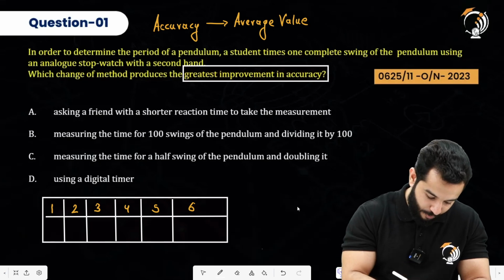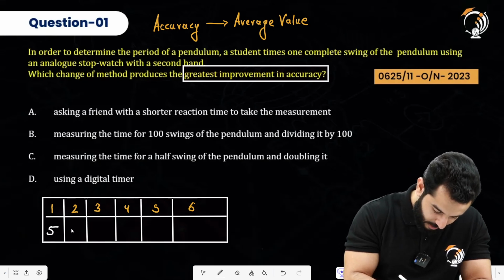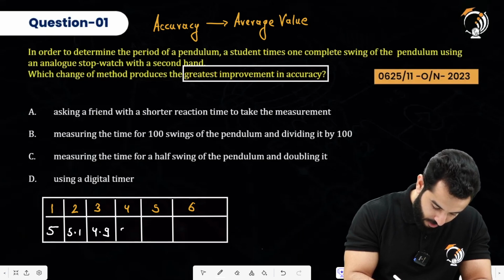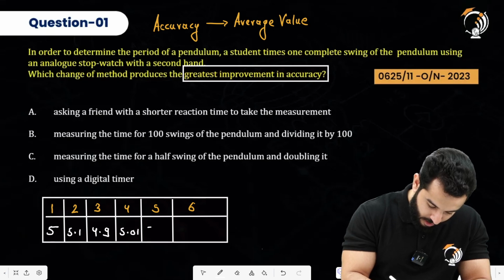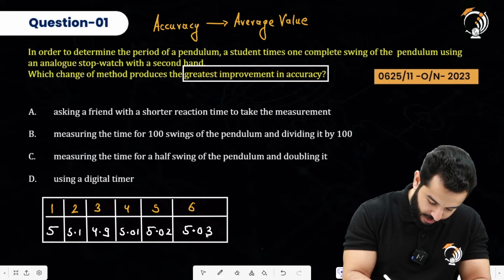Let's say the time period is coming out to be 5 seconds, 5.1 seconds, 4.9 seconds, 5.01 seconds, 5.02 seconds, 5.03 seconds, right?